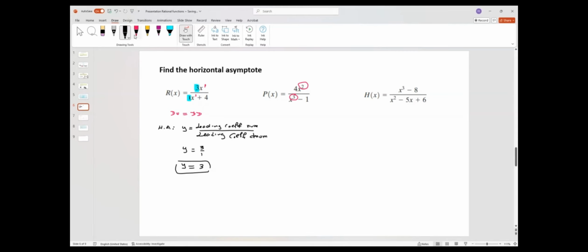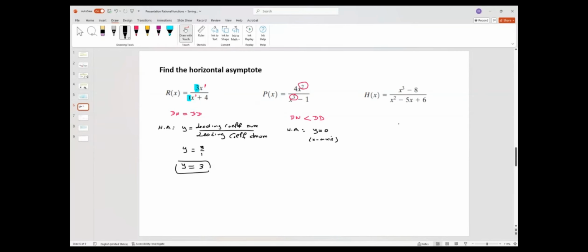So in this case, the degree of the numerator is lower than the degree of the denominator. So since the degree of the numerator is lower than the degree of the denominator, then automatically we can say that we have a horizontal asymptote. But since this is a proper rational function, then the horizontal asymptote is the line y equals 0, which is the x-axis.